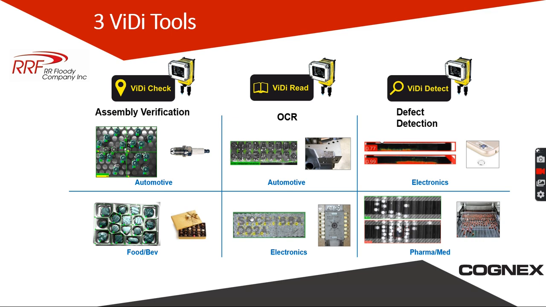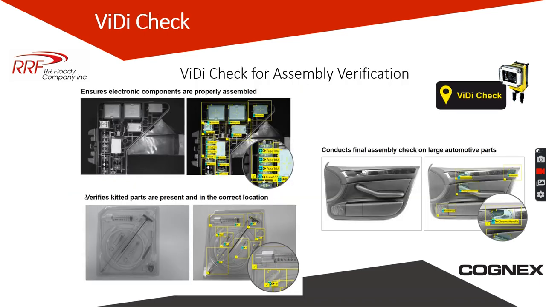ViDi Check for assembly verification, ViDi Read for optical character recognition or verification of very tough codes, and then ViDi Detect. That's looking for any kind of scratches, contamination, any kind of defects within an image. So we've got 3 new tools on top of all the other tools that Cognex offers. Let's start with ViDi Check.